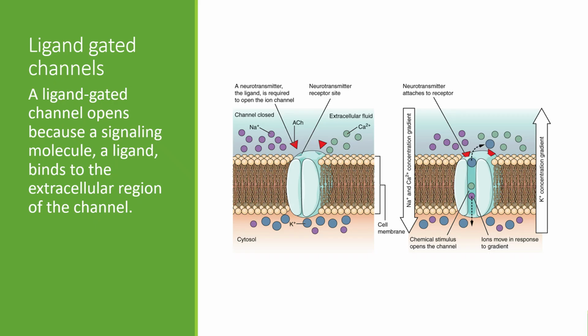That's the blue thing in our cell membrane. Then acetylcholine is going to bind, and when that acetylcholine binds, it opens up that channel. So the little red acetylcholine triangle binds, and when it does that, it opens up the channel and allows other molecules to move through. So that's what's meant by a ligand-gated channel.